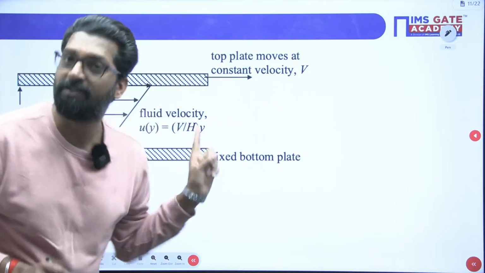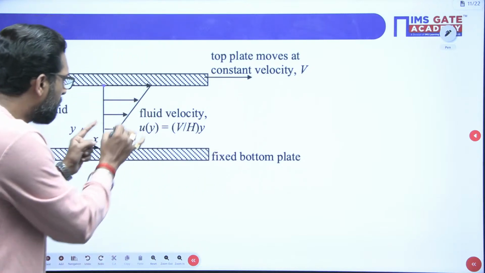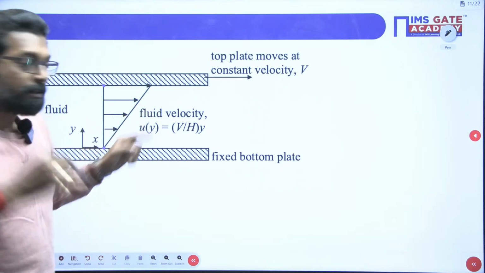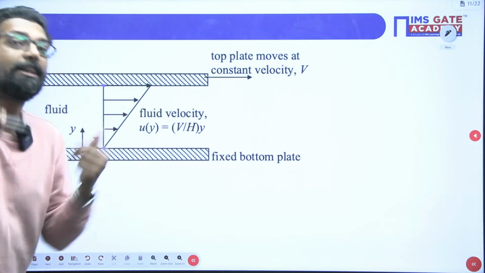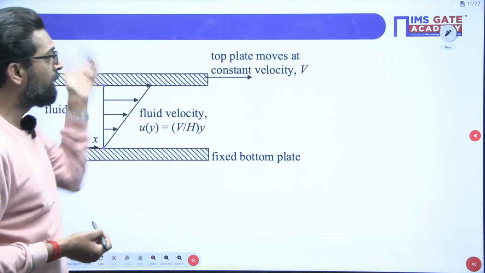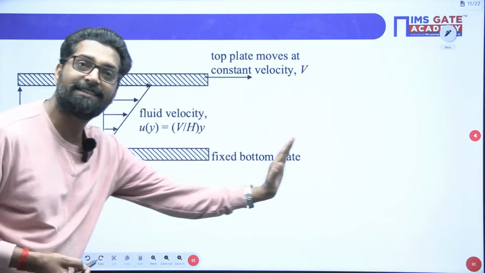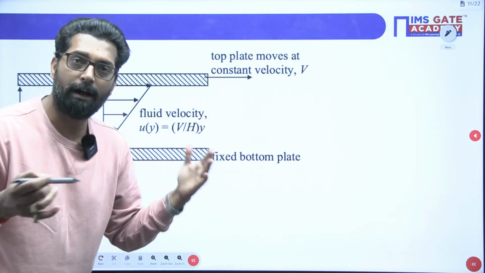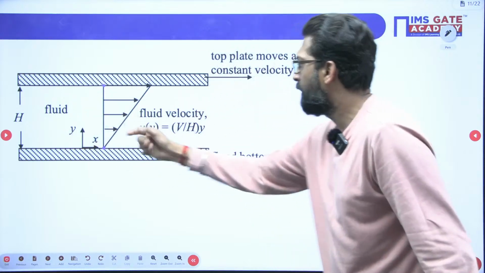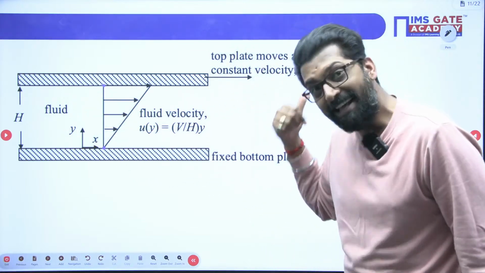Now, my dear, one thing is very clear. This is one dimensional flow. Why? How do we justify that the velocity is only in the x direction?